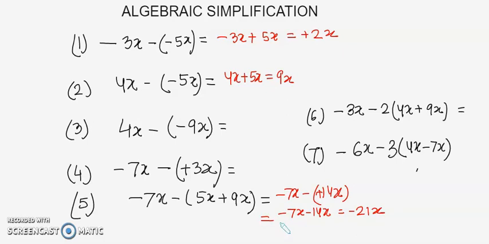Why minus 21x? Because both are negative, so negative sign will be here, and you will add the two numbers. So 7 and 14 is 21, and x remains as it is.